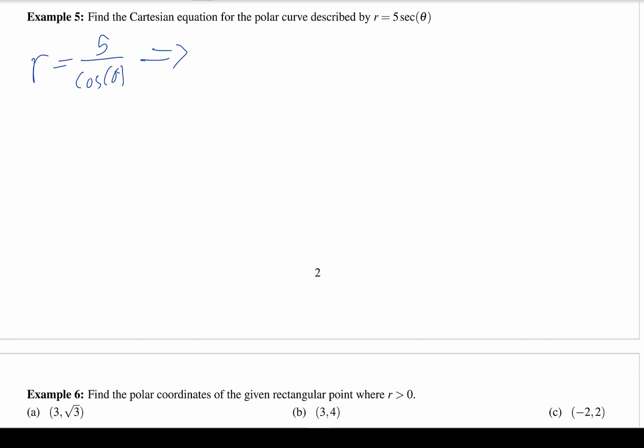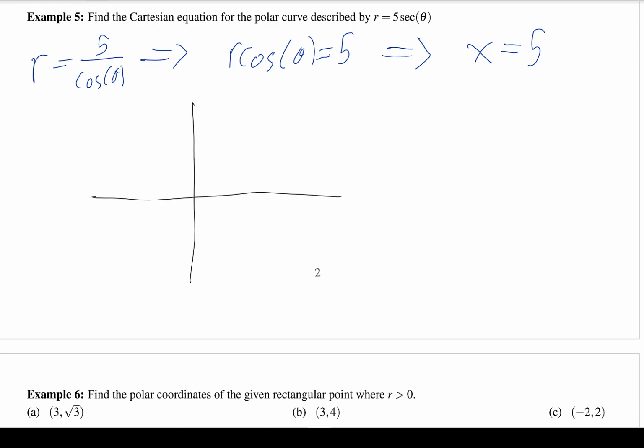Now if I multiply on both sides, I'll get r cosine theta is equal to 5. Which means, if I use our identity for r cosine theta, that we have x equals 5. So this graph is actually nothing more than a vertical line at x equals 5.